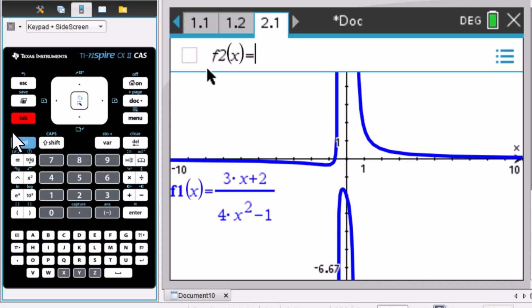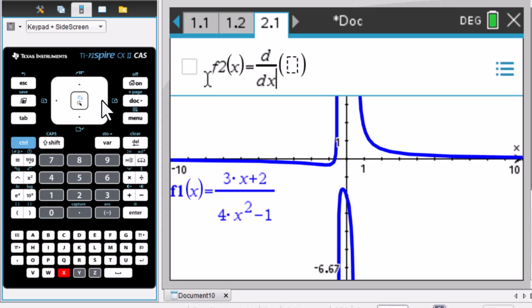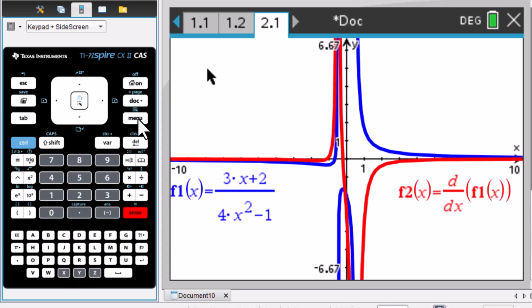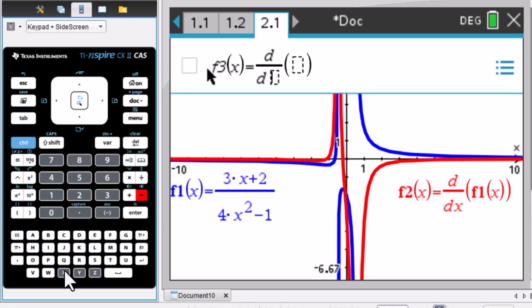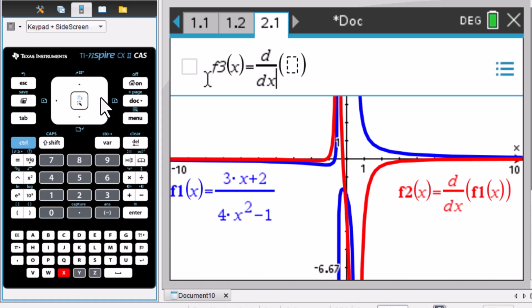Tab again. Shift minus, d dx of, use variable f1 of x. Enter. Tab again. Shift minus, d dx of, use variable f2 of x.